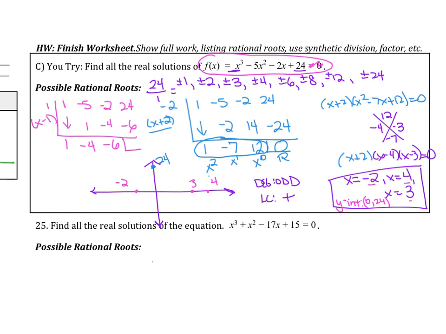So that tells me that my ends are going opposite directions, so up on one side, down on the other side. And because it's positive, I think about more of a positive slope, so up on the right, down on the left. And then let's draw our graph connecting them. And so that's just a sketch, right? More so we're looking at the x-intercepts, the end behavior, and the y-intercept. Where the turning points are, we don't know how to find those yet, but this is a good general sketch of the graph.